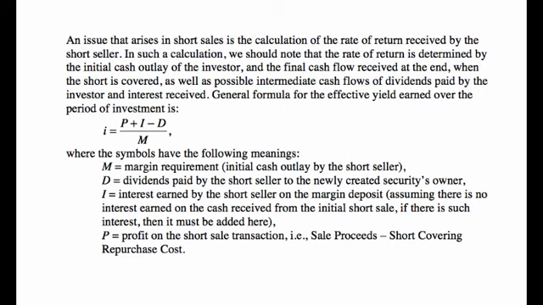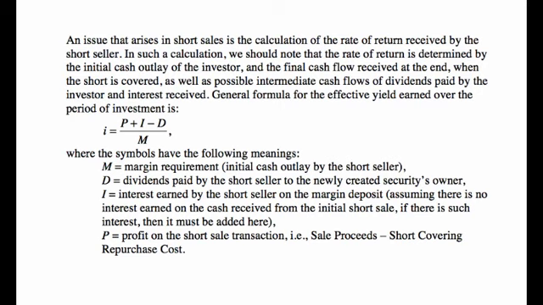And the short seller typically puts down the margin deposit, which is typically half, but it will be specified in the problem. It doesn't have to be half of the value of the security shorted, and then at the end, the short seller repurchases the security, pays a certain price. If that is less than the initial sale price, that's a profit, and that profit needs to be compared to the initial outlay of money.